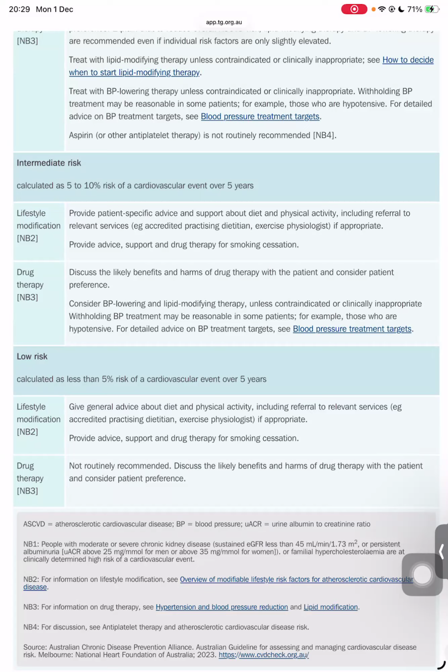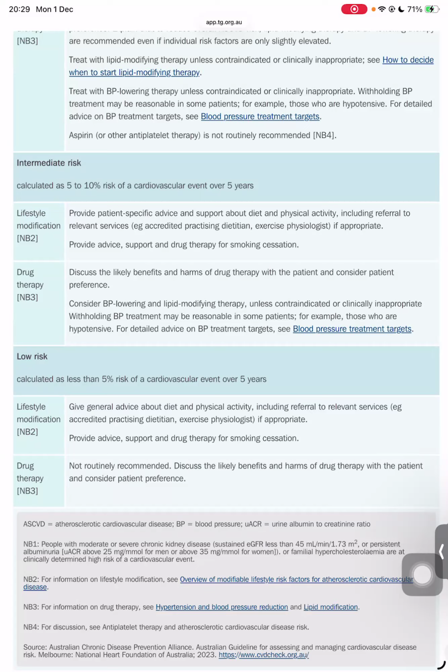If the patient is high risk, regardless of blood pressure and lipid level, we have to consider giving lipid lowering therapy and blood pressure lowering therapy.